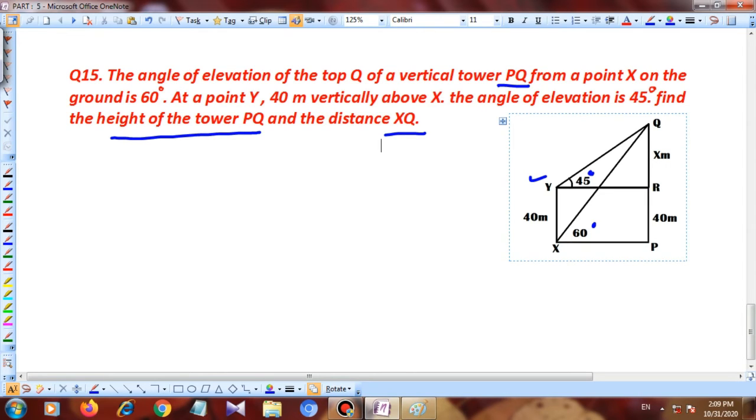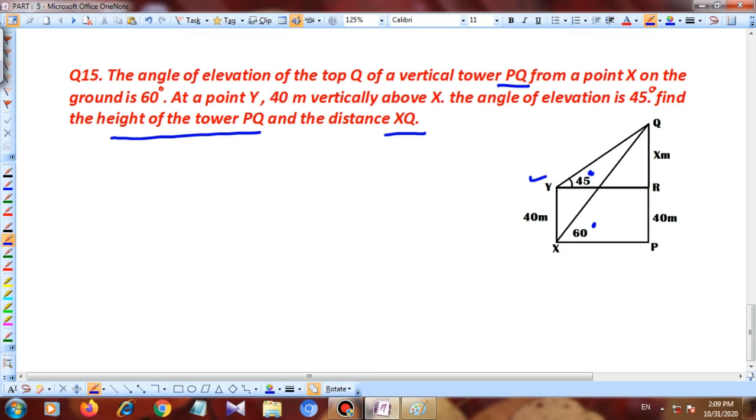So our statement will be: let PQ be a tower, and the elevations at X and Y, the top of the tower, are 45 and 60 degree respectively. So the statement, write yourself.